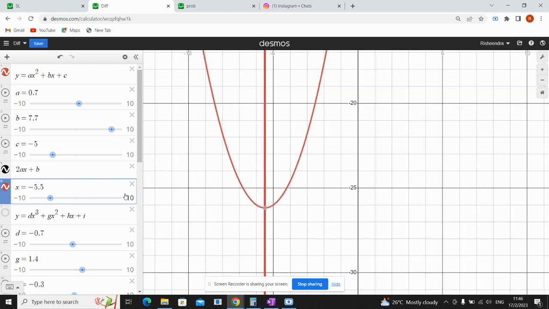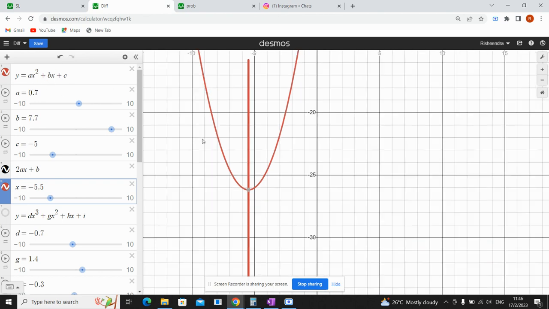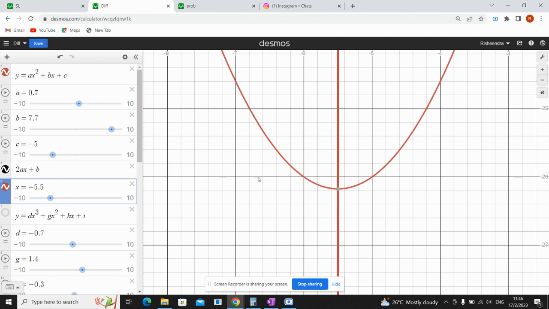When you substitute x equals minus 5.5, making f dash of x equal to 0, you get some value of x. When you substitute the value of x in this equation, y equals ax square plus bx plus c, you get the minimum value, which is minus 26.175.